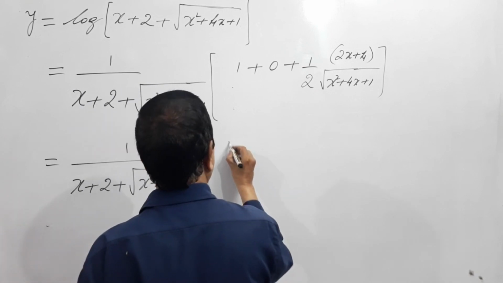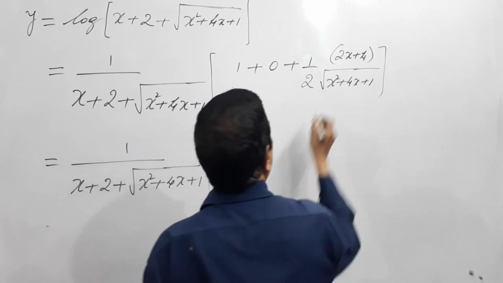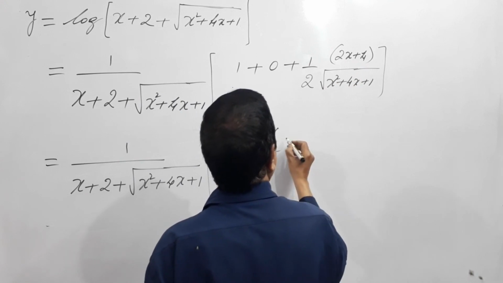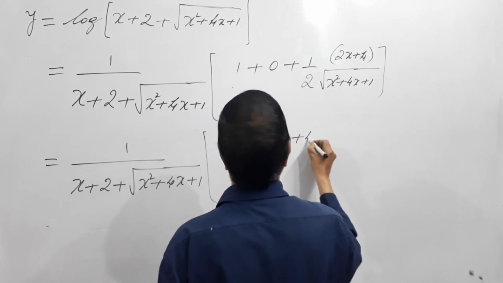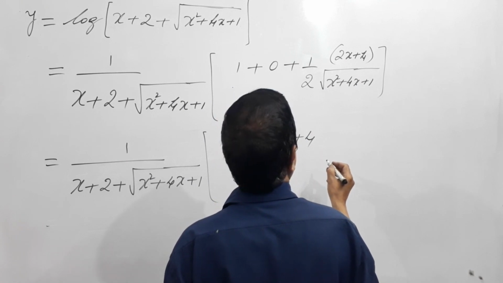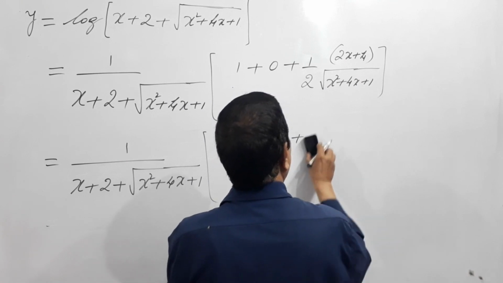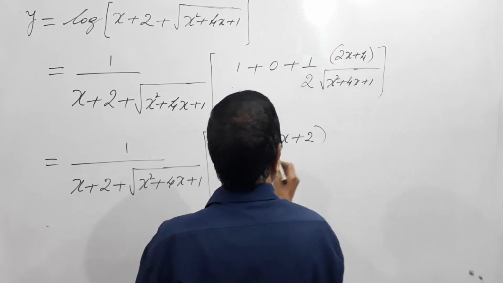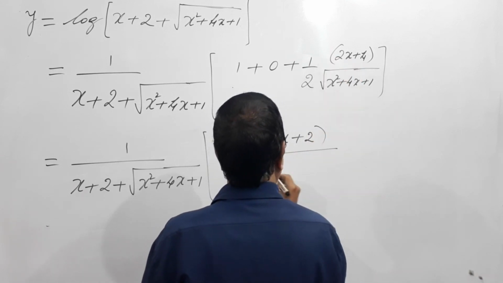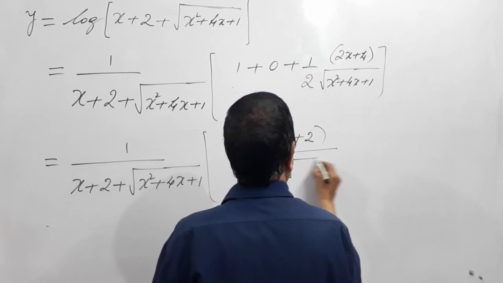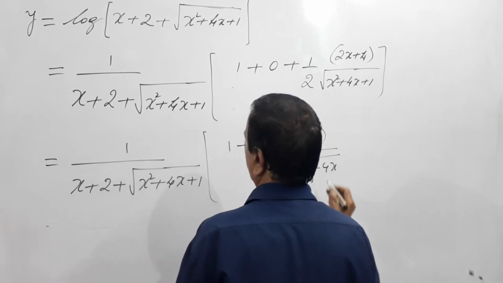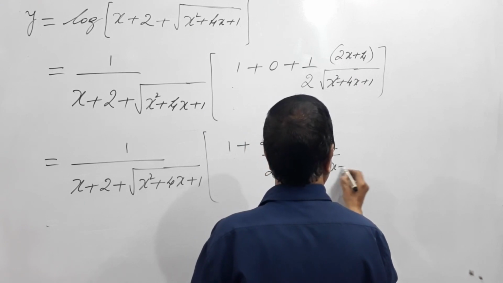So that is 1 plus, I take 2 common, that is x plus 2, I have taken 2 outside common, and here you have 2 into under the root x square plus 4x plus 1.